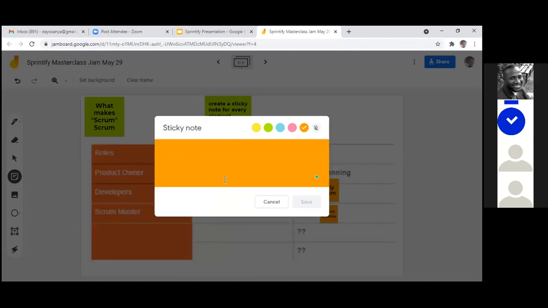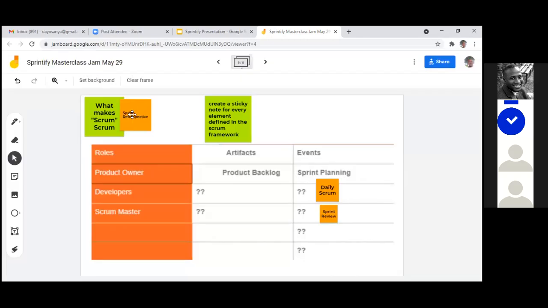Can you say it? The sprint retrospective. Yeah. The daily Scrum. Yeah. Sprint review. The retrospective. That's an event. Those are events we need to move forward with.